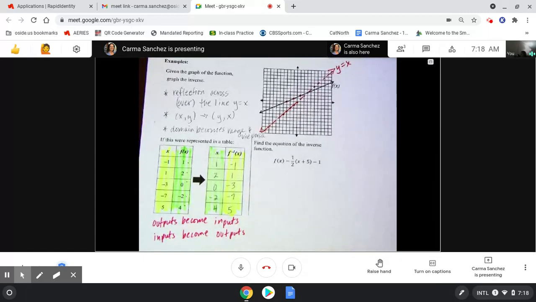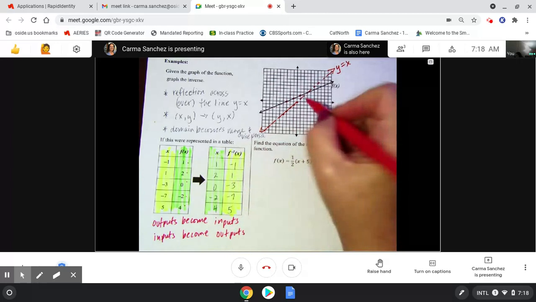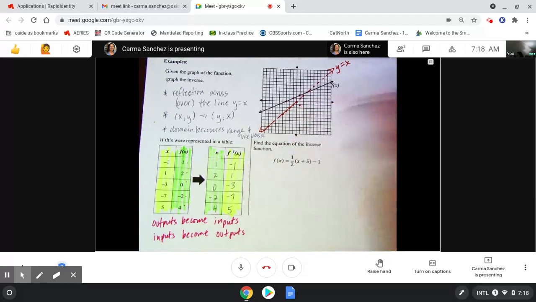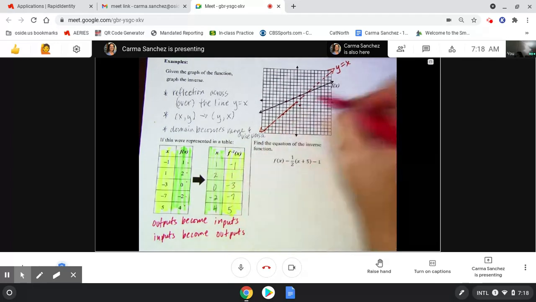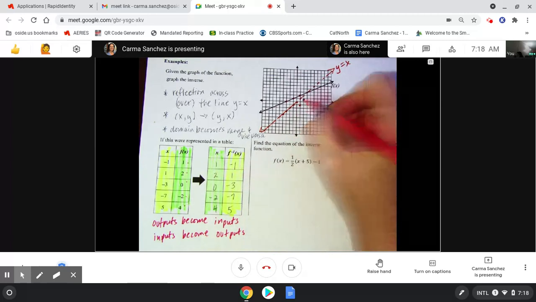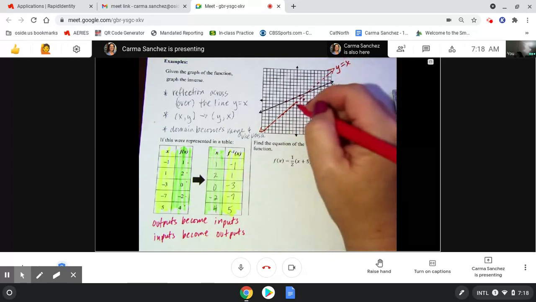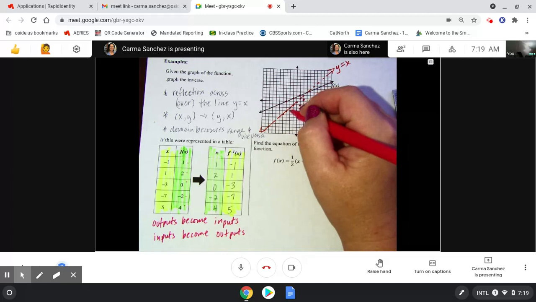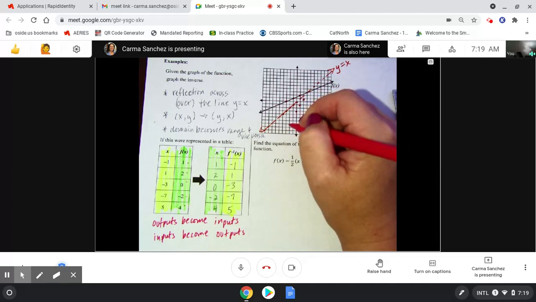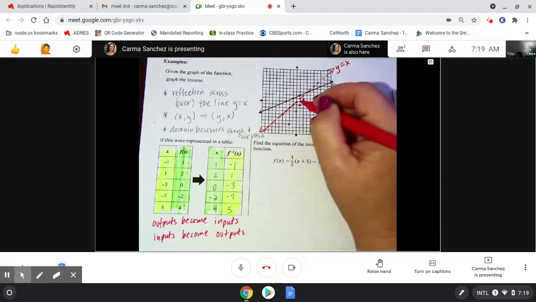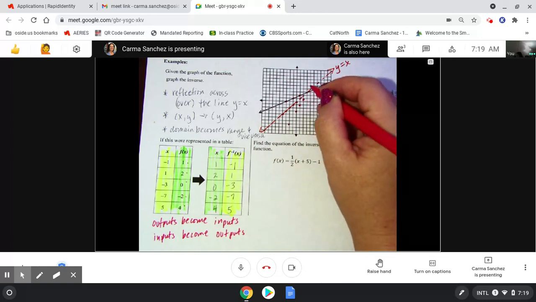So let's go and make the new line based on the switched variables. So (1, -1) becomes this new dot. (2, 1) becomes this dot. (0, -3), (-2, -7), and (4, 5).